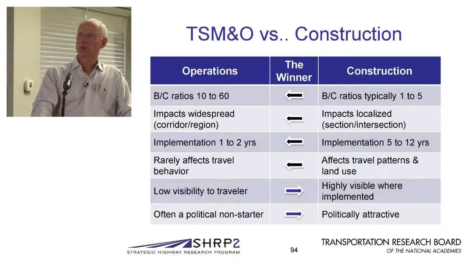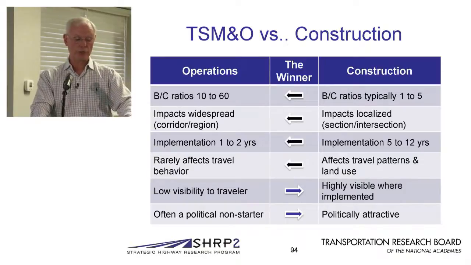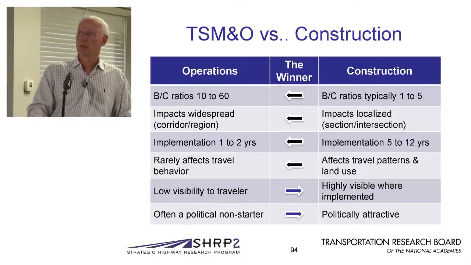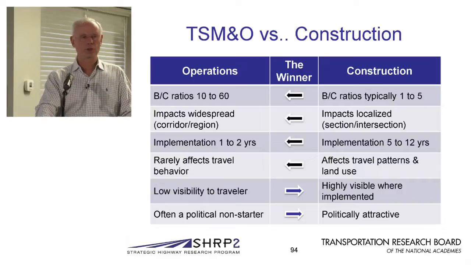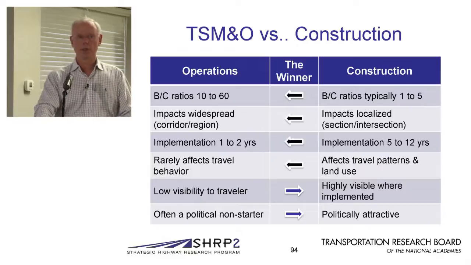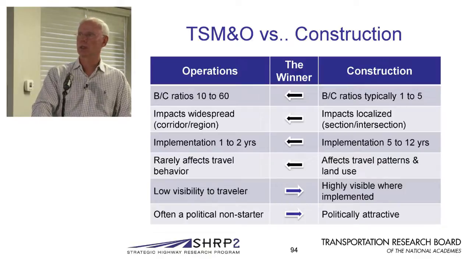Looking at benefit cost ratios, the reported ratios for operations projects tend to be larger. That masks a little bit that the Bs and Cs associated with construction tend to be bigger than the Bs and Cs associated with operations, but nevertheless, from an investment effectiveness standpoint, the ratios on the operations side tend to be higher.